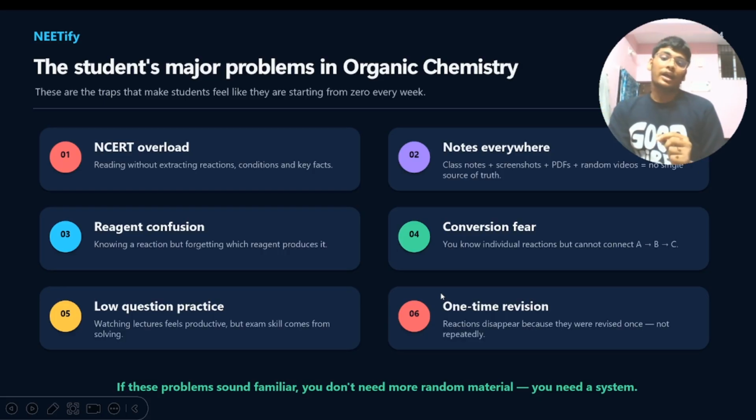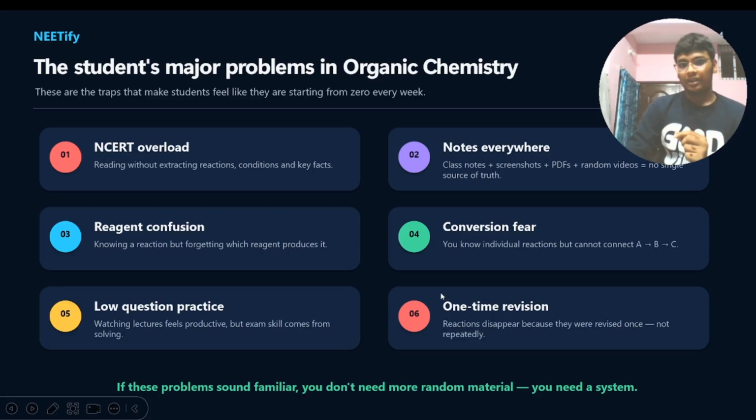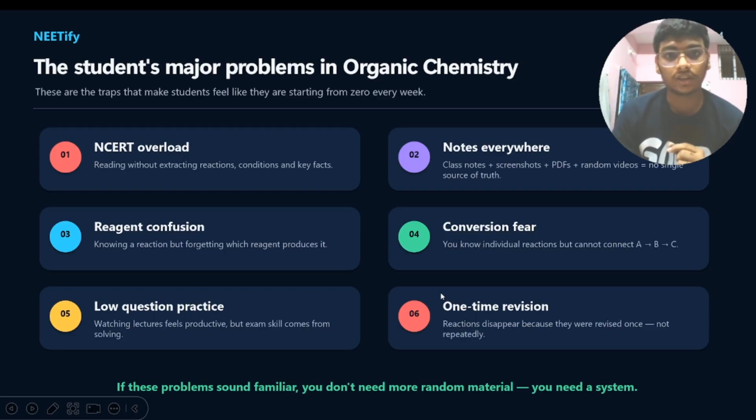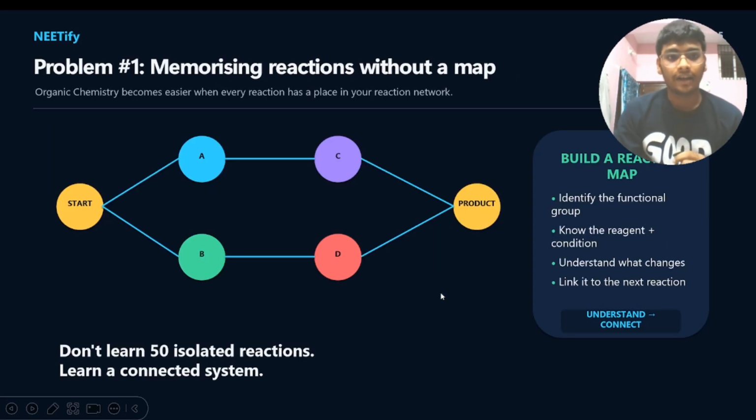Chemistry is generally divided into three branches: organic, inorganic, and physical. In this session we only see organic chemistry. Next, some people have a problem memorizing reactions without a map. They open a random chapter and start studying, which is absolutely wrong. Studying organic chemistry follows a sequence. First, complete the basic principles in general organic chemistry and go to hydrocarbons.